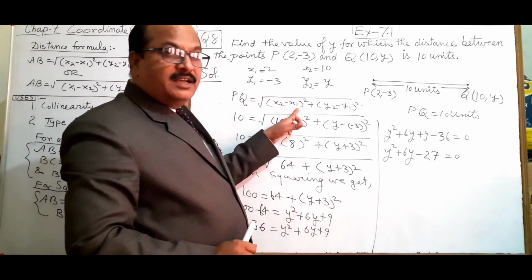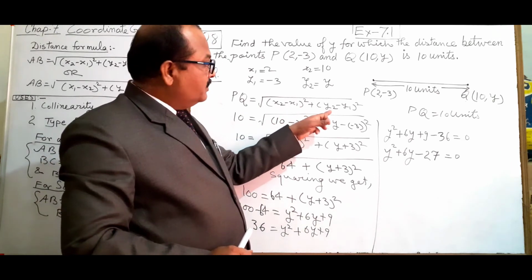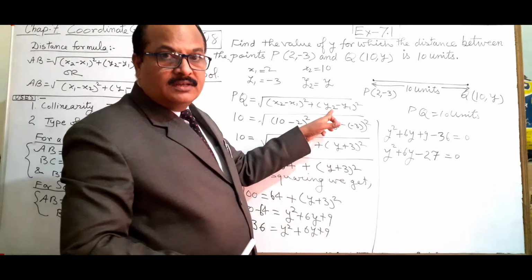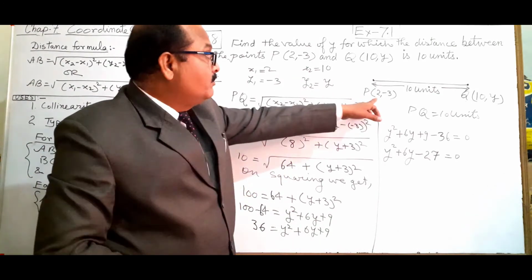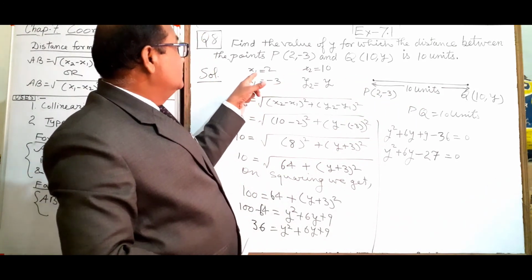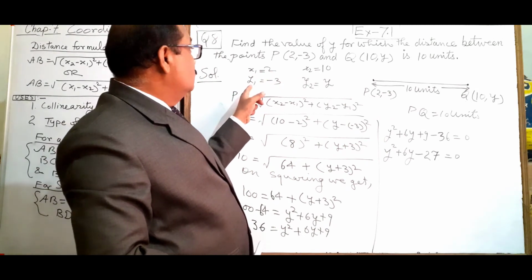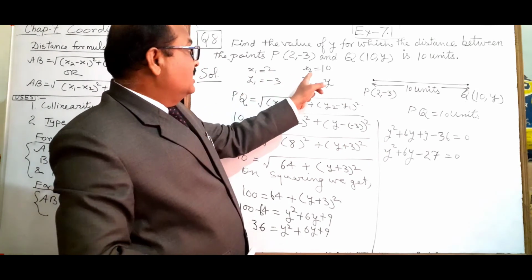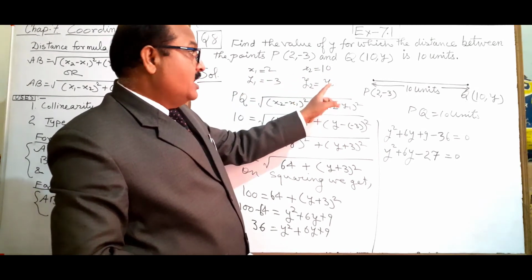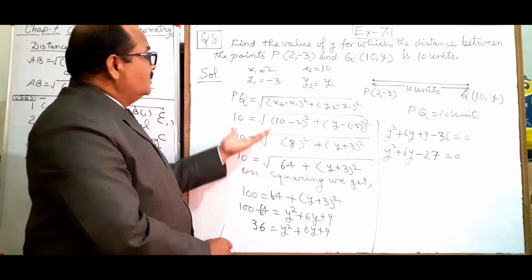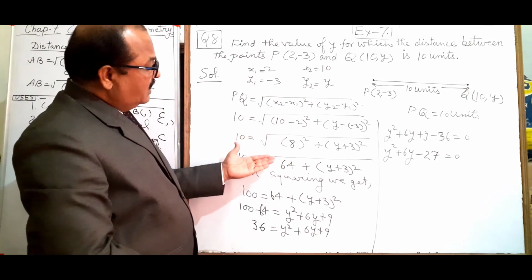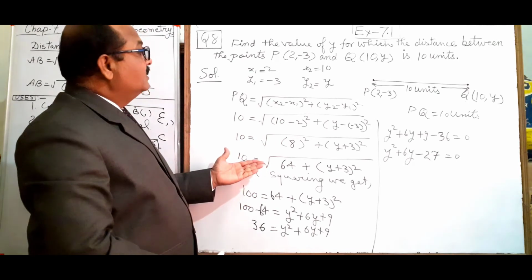Under root (x2 minus x1) whole square plus (y2 minus y1) whole square. And from these 2 points I have written here, x1 is 2, y1 is minus 3, x2 is 10, y2 is y. Now putting all the values, you can simplify line by line.